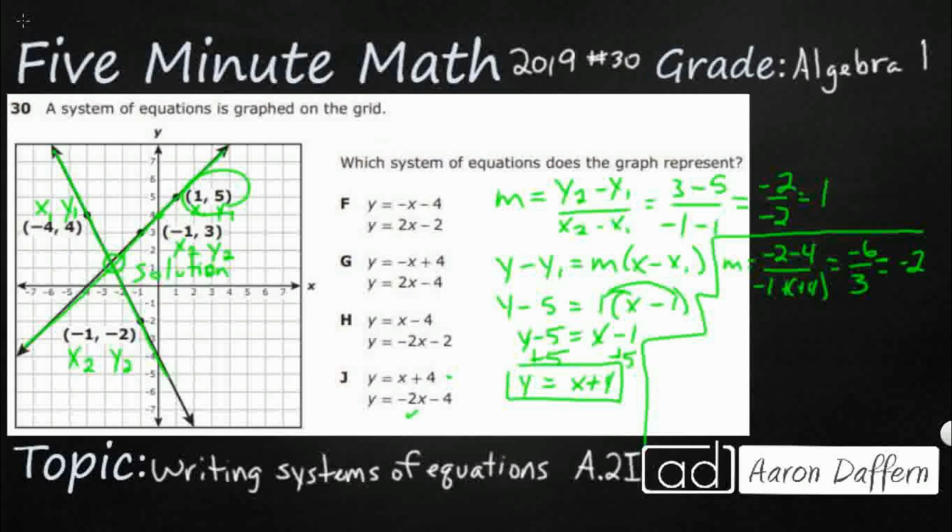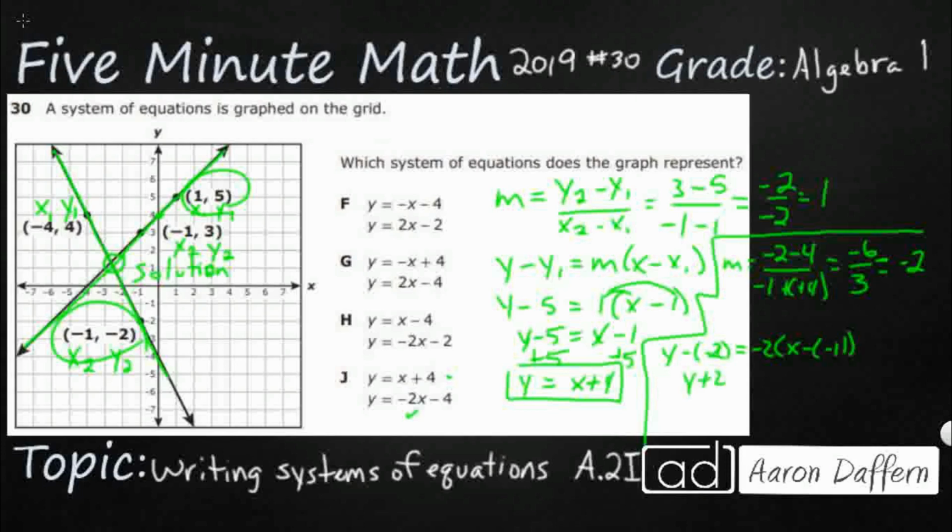So now let's do our point slope form. All right, so y minus y1 equals negative 2 times x minus 1. All right.